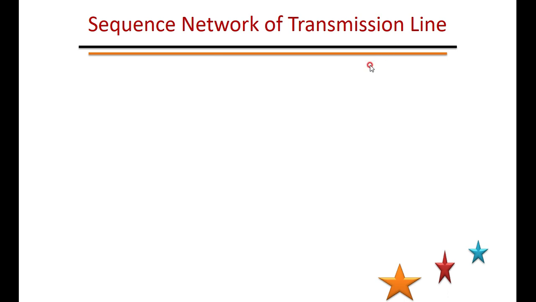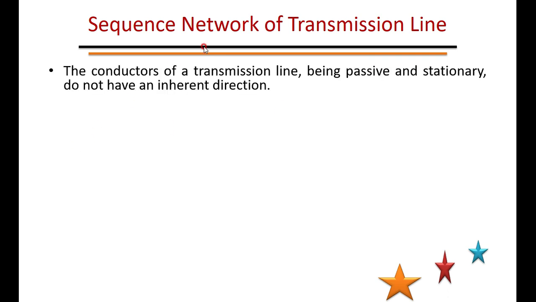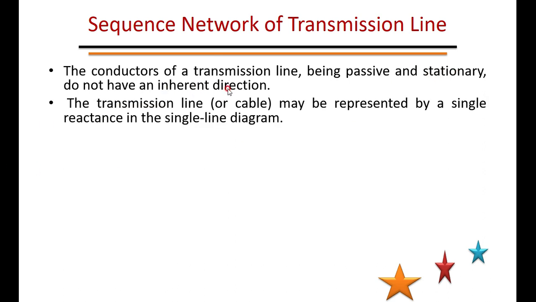The conductors of the transmission line are passive and stationary and do not have an inherent direction as such. Therefore, the transmission line or a cable may be represented by a single reactance in the single line diagram, that is, by just showing a line there.